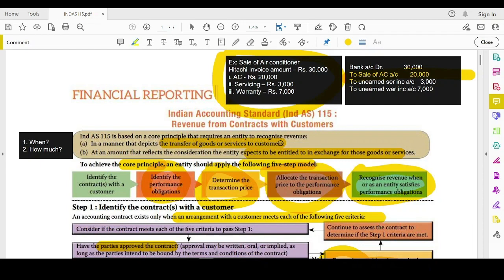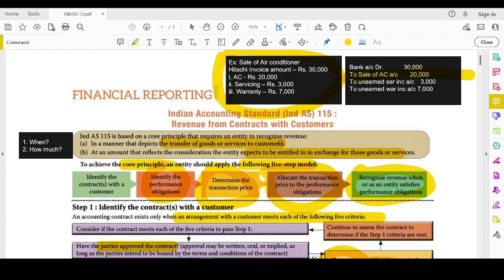For example, to make it simple, let's have the service and warranty period as 2 years. So at the end of the first year, we will pass a journal entry: unearned service income account debit 1,500, unearned warranty income debit 3,500, to service income 1,500, to warranty income 3,500.